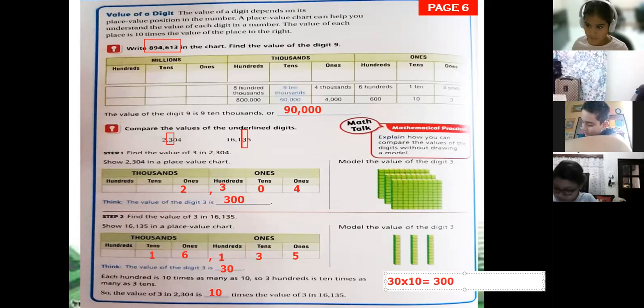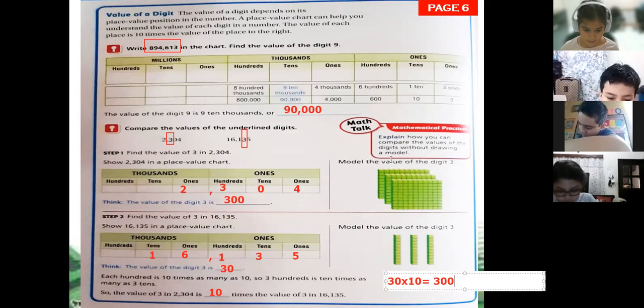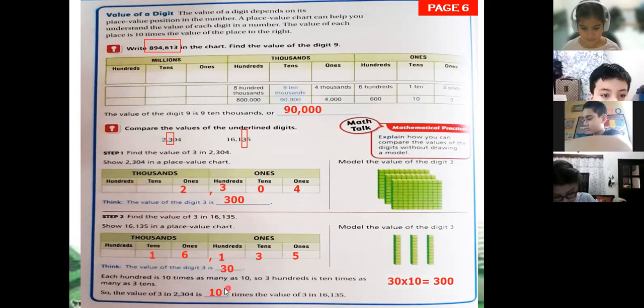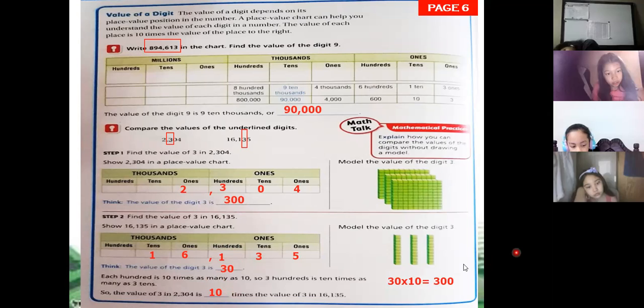So it means that the 300 in 2,304 is 10 times greater than the value of the 3 that is on the tens. That's why we write that number 10 here, because 300 is 10 times greater than 30.